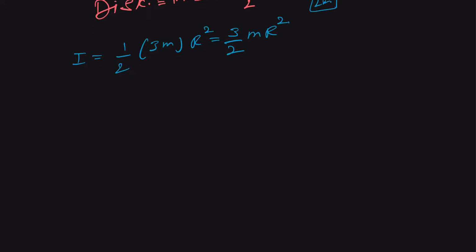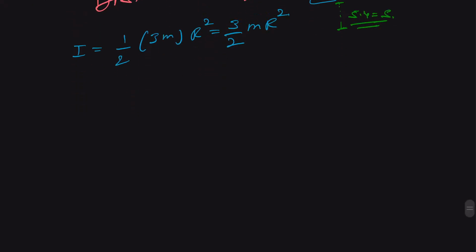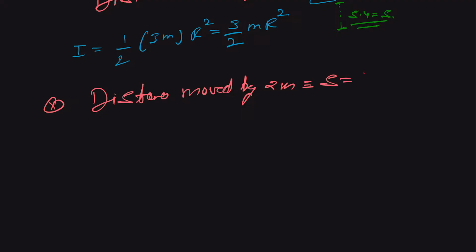For block 2m, which will be moving in the downward direction, suppose this is the distance it moved, that is 5.4, which is our S. So the distance moved by 2m is S, which is 5.4 meters, and the initial velocity was equal to 0.